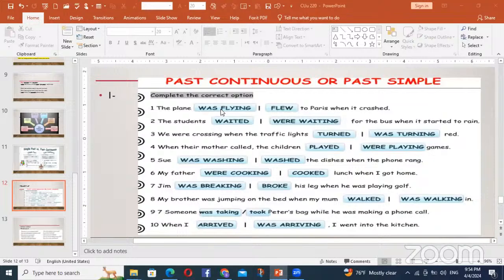Okay, the students were waiting for the bus when it started to rain. Bravo. Okay, nice. Were waiting.